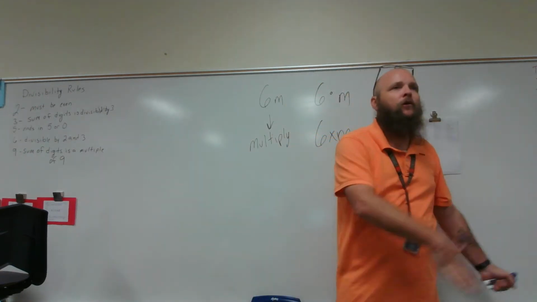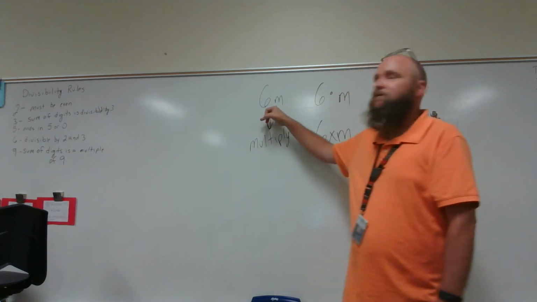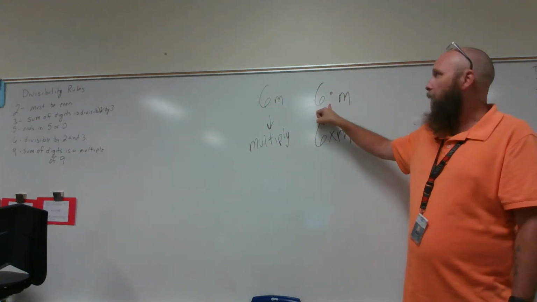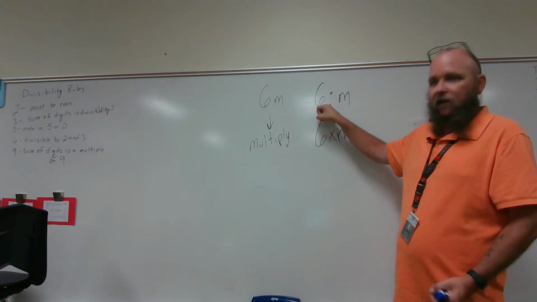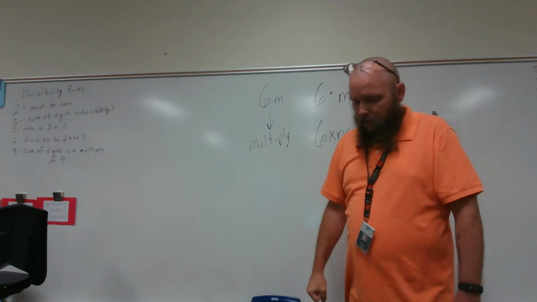So you're going to be learning things, but you need to recognize those three things. Number and letter side by side, multiply. Any dot. I could do 7 dot m, and that's going to be multiply. Because it looks crazy like this.